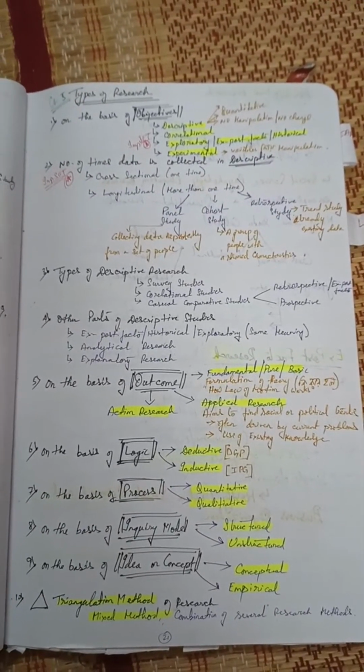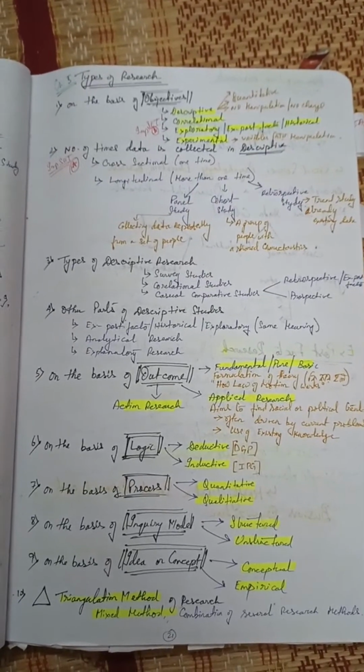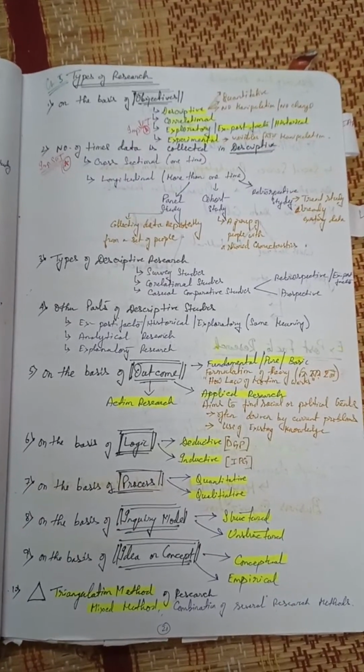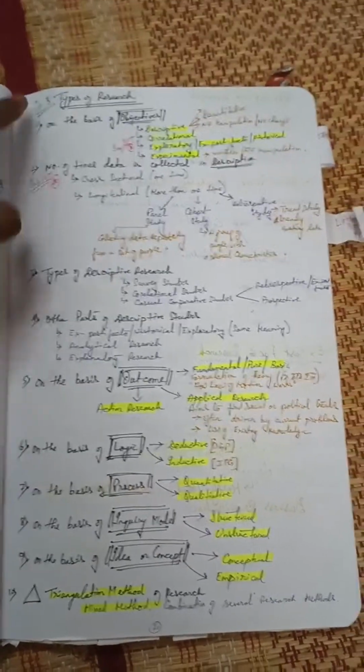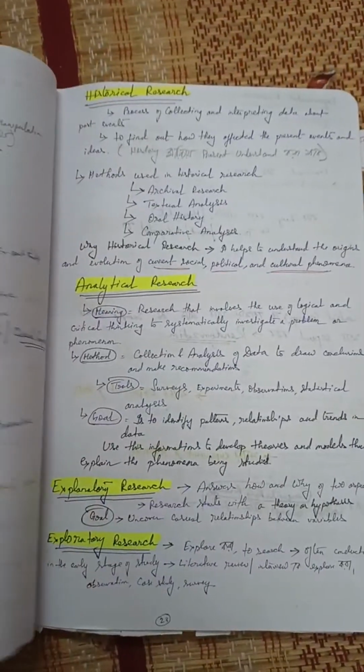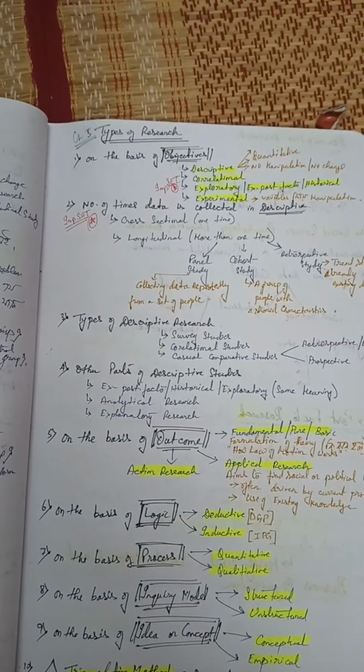The types of research, as you can see, can be divided into 10 broad parts, which can be stated as: number 1, on the basis of objectives.